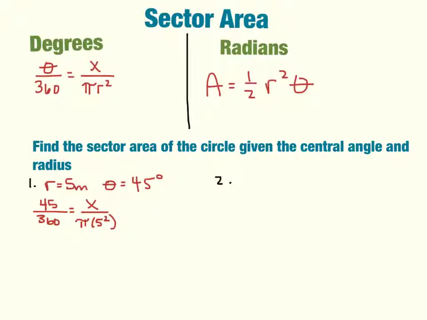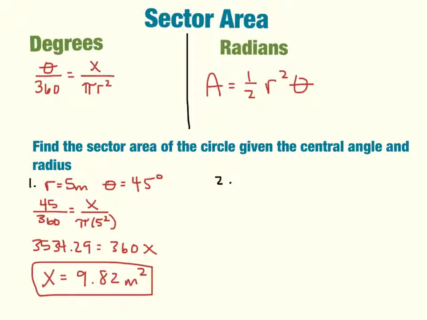Alright, so I have 3,534.29 equals 360x. So divided by 360, my area x equals 9.82 meters squared.